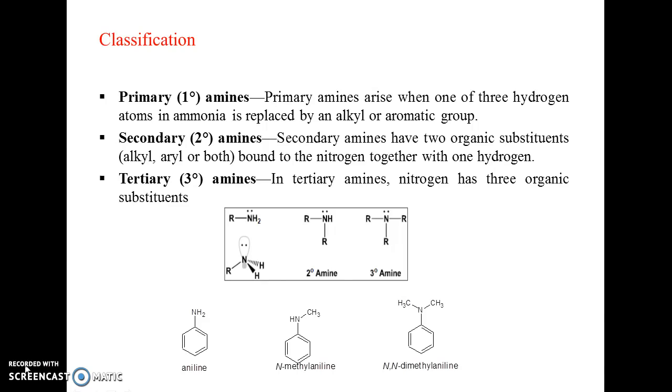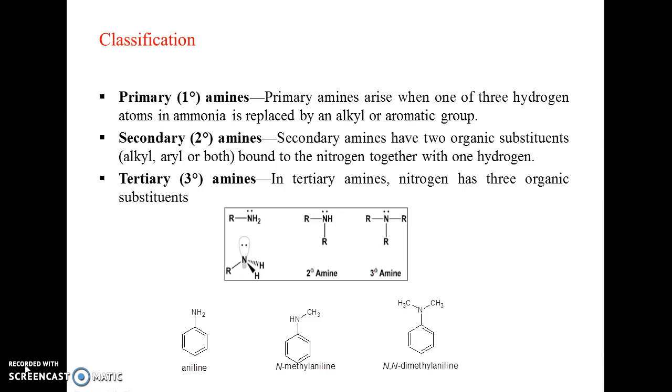Let us see an example. Ammonia has the formula NH3, where one hydrogen is replaced with R, resulting in RNH2. This is the general formula of primary amines. Example, here we can take aniline, where R represents an aromatic moiety.